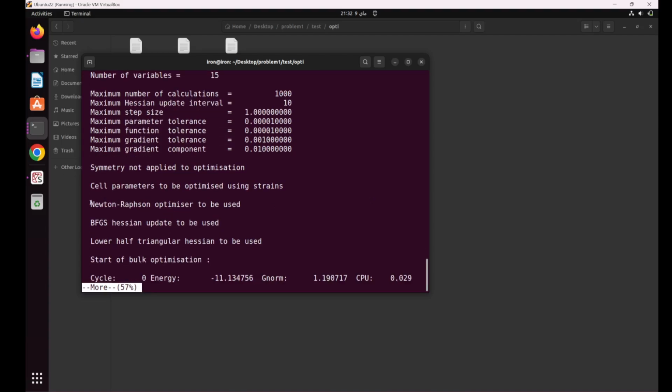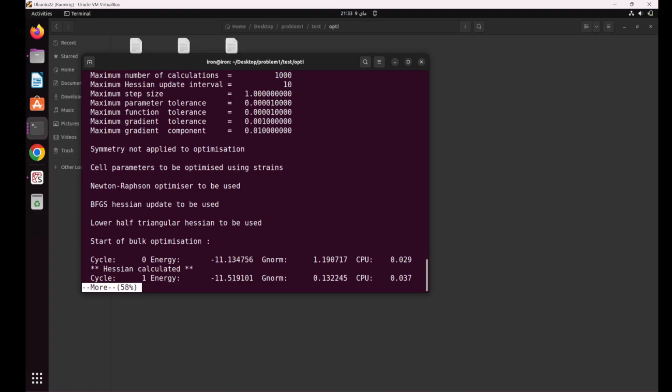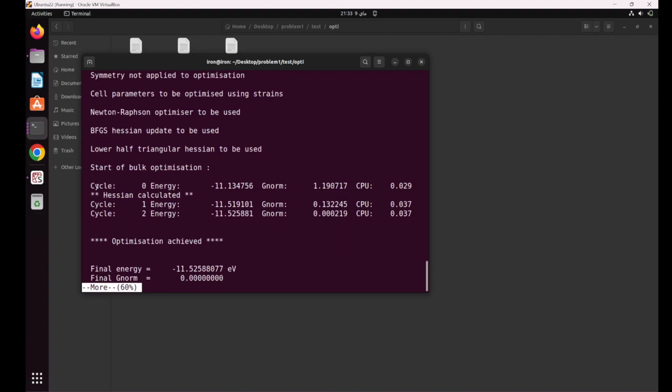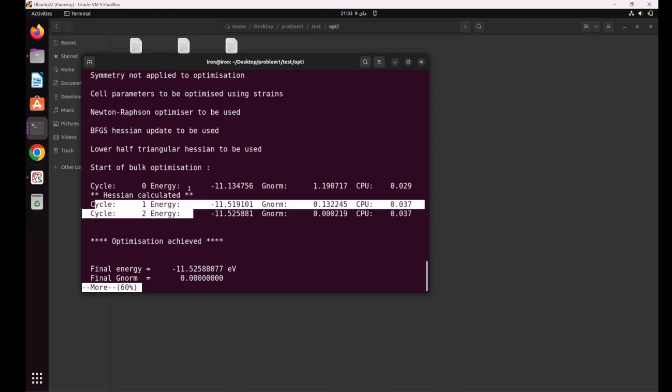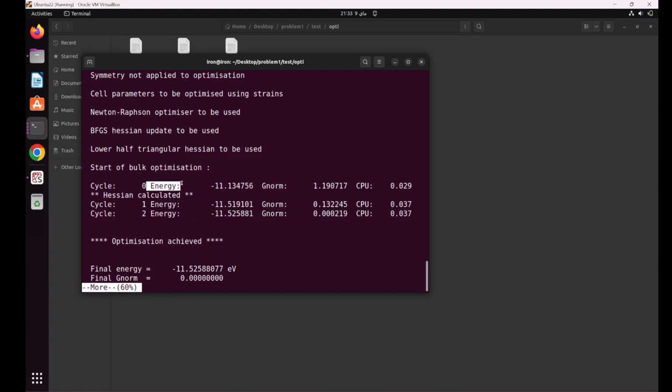So notice that Gulp is telling you it's using the Newton-Raphson algorithm for optimization purposes. And it actually took two iterations after the initial guess. So that was the initial guess, and it took two iterations after that. And then the iterations stopped. Apparently, a criterion has been met, and then the optimization stopped.